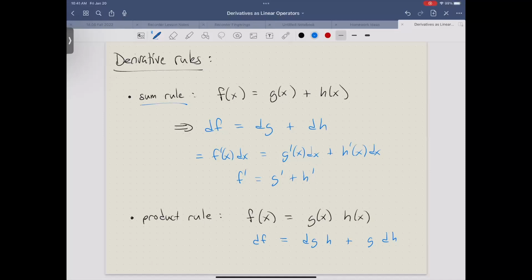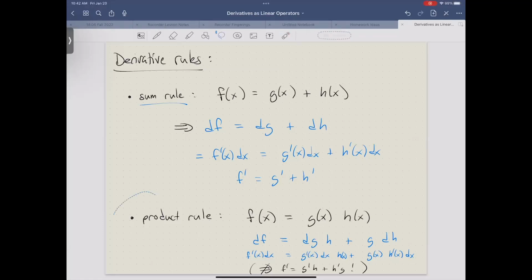So if you think about what this means in terms of f prime, this f prime of x dx is going to equal g prime of x dx times h plus g of x times h prime of x dx. And I cannot necessarily write f prime equals g prime h plus h prime g, because I can't commute.